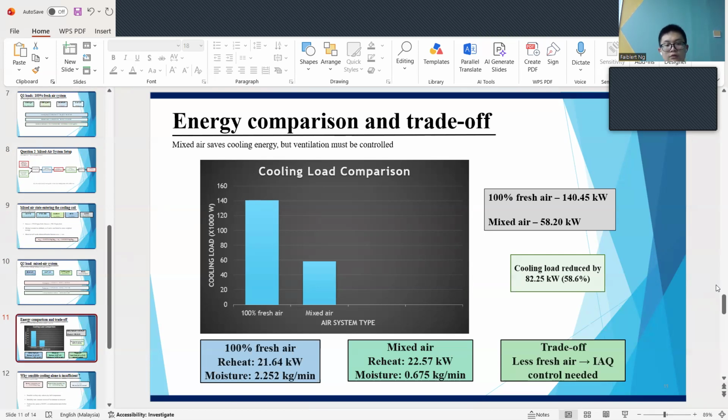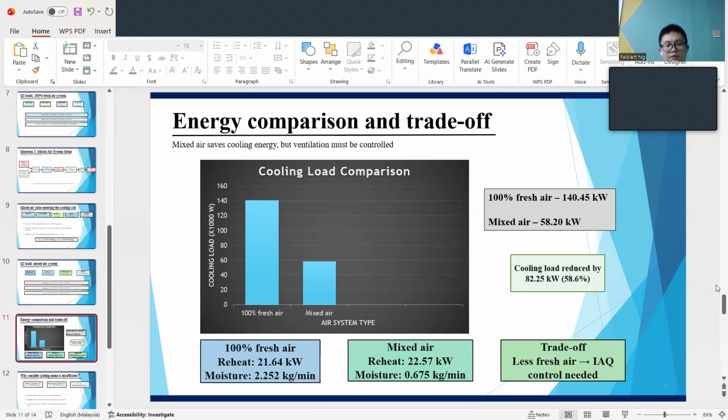The reheating load is slightly higher for the mixed air system, increasing from 21.64 kW to 22.57 kW. This happened because the dry air mass flow rate in the mixed air system is slightly higher. However, the increase in reheating load is small compared with the large reduction in cooling load.